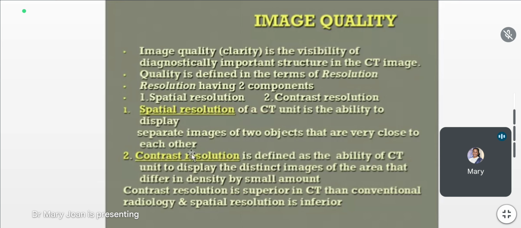Image quality is the visibility of diagnostically important structures in the CT image. Quality is defined in terms of resolution. Resolution has two components, spatial resolution and contrast resolution. Spatial resolution of a CT unit is the ability to display separate images of two objects that are very close to each other.